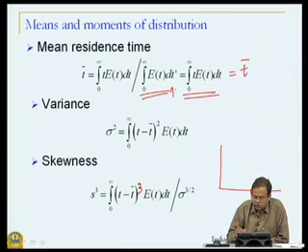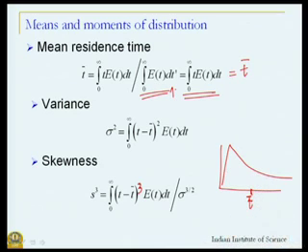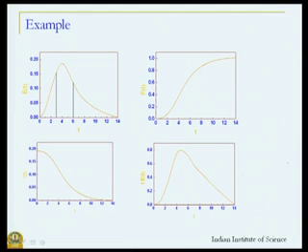For example, this is my mean residence time, we will see the example, but if my distribution is something like this, that is lot of fluid is coming much before, or whether it is coming much after the mean residence time, it tells me the skewness.